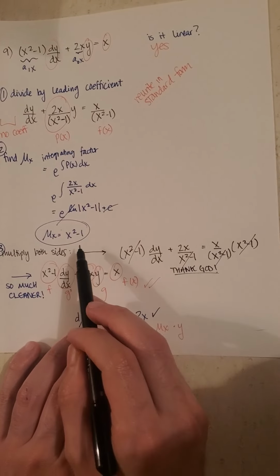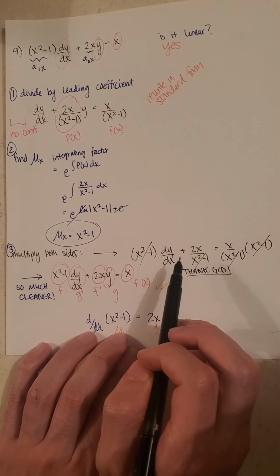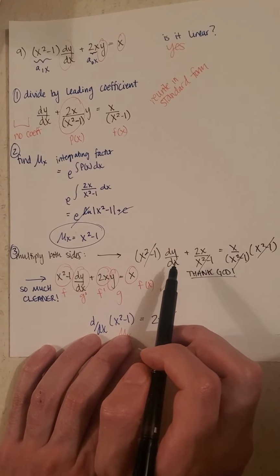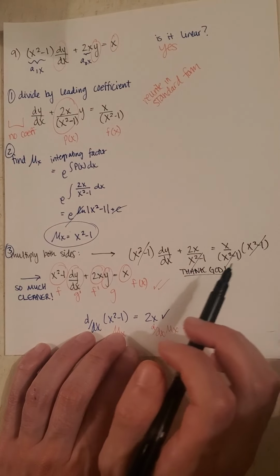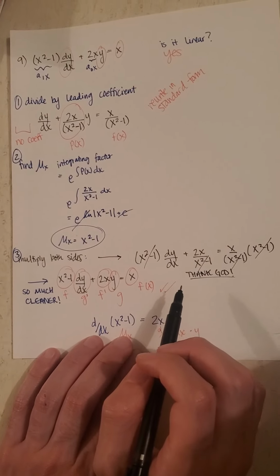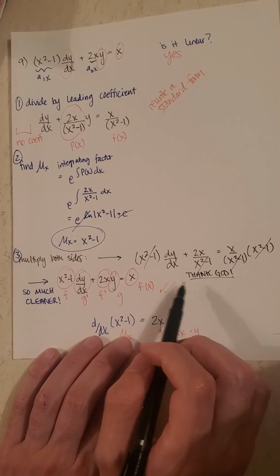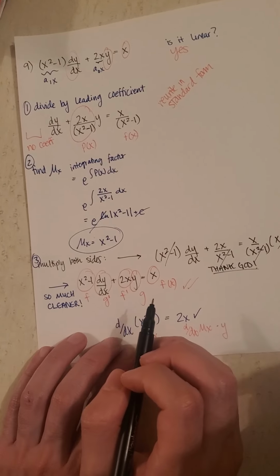When I multiplied the mu of x in, I was able to factor out and cancel out a bunch of other denominators. I was so excited, I literally wrote, thank God, oh, it's so much cleaner. Okay, cool. It's just for my own nerdiness.